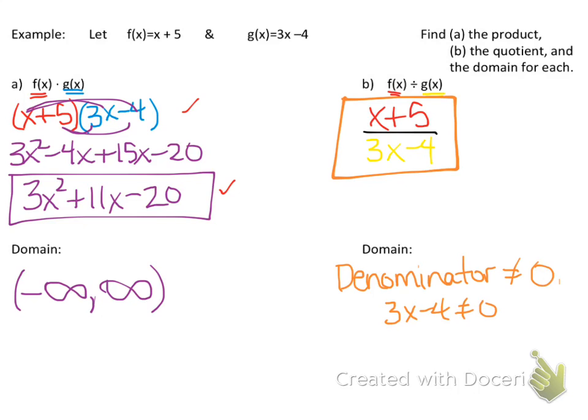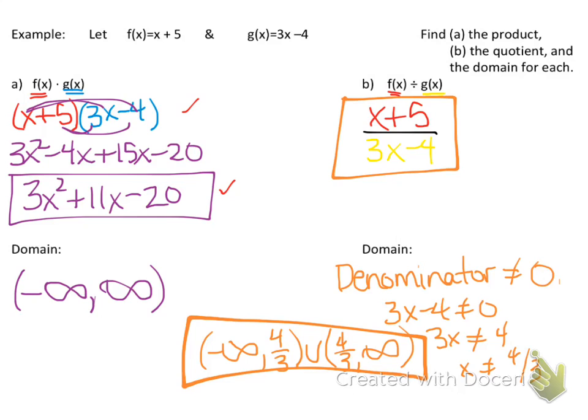So we're going to take our denominator and make it not equal to 0 and figure out what x cannot equal. x can equal anything else. The result will just be a fraction, so we can go from negative infinity all the way up to, but not including 4/3, and then combine that with 4/3, again not included, up to positive infinity. So this is how we would write that in notation to determine what the domain is.